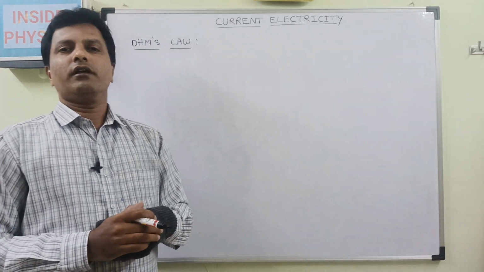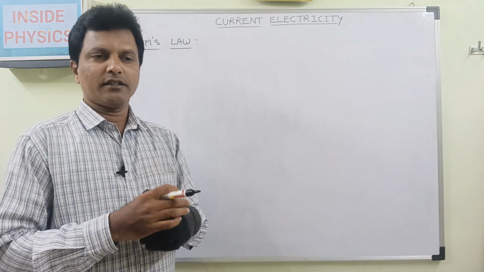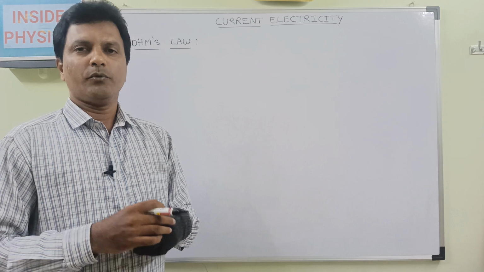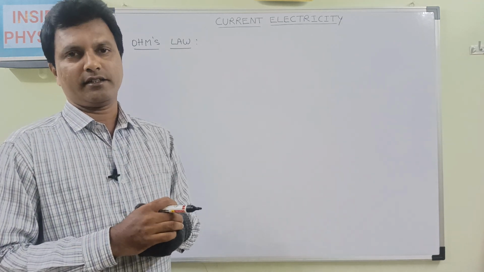See, Ohm's law says that the electric current strength depends on the potential difference applied between the two ends of the conductor.